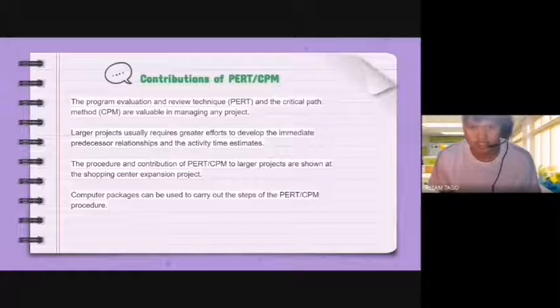The procedure and contribution of PERT and CPM to larger projects can be shown in the shopping center expansion project. Furthermore, computer packages can be used to carry out the steps of the PERT or CPM procedure. These computer packages are software that can be used to provide the PERT and CPM procedure.